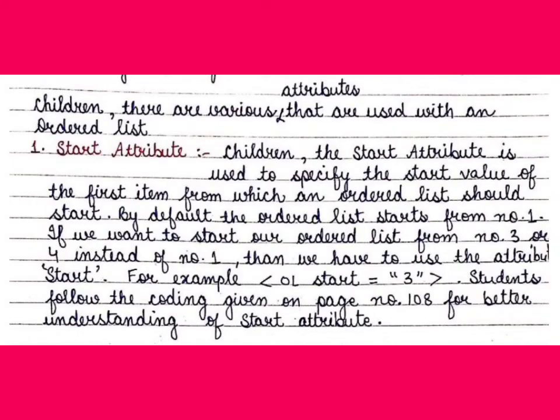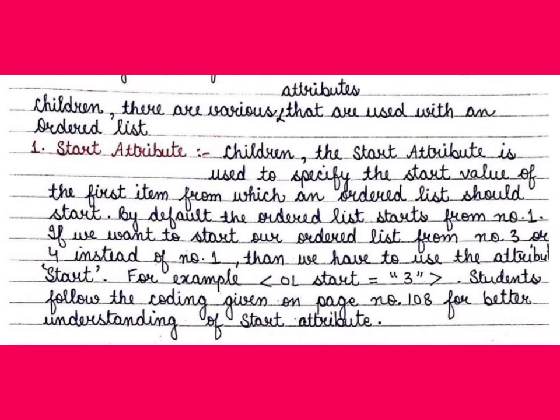Children, there are various attributes that are used with an ordered list. Number 1, start attribute. The start attribute is used to specify the start value of the first item from which an ordered list should start. By default, the ordered list starts from number 1.